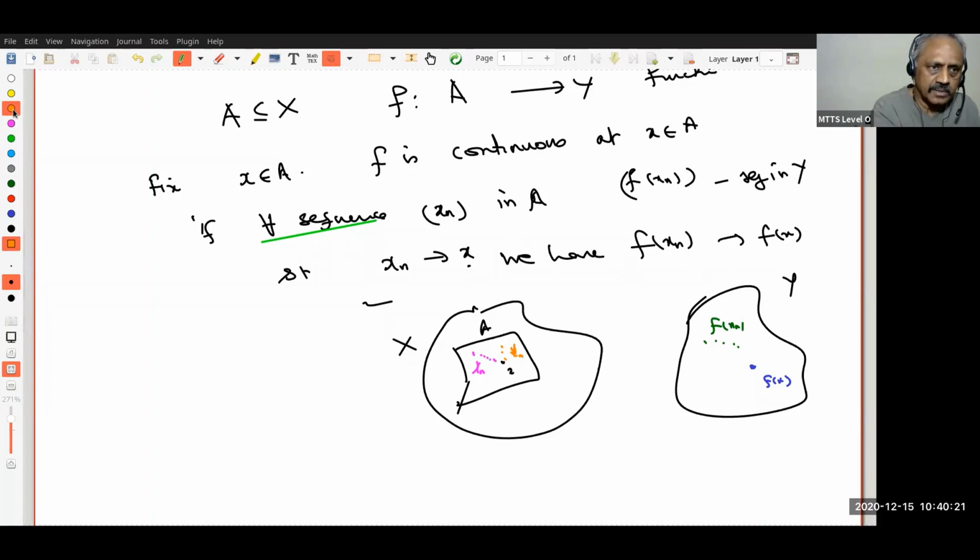Therefore, I have the corresponding sequence f of t_n. What do I want? f of t_n also should converge to f of x. That is, for every sequence x_n in A, if x_n converges to x, then I have the sequence f of x_n and a point f of x, all in Y, and I want f of x_n to converge to f of x. Please pause, review, proceed.